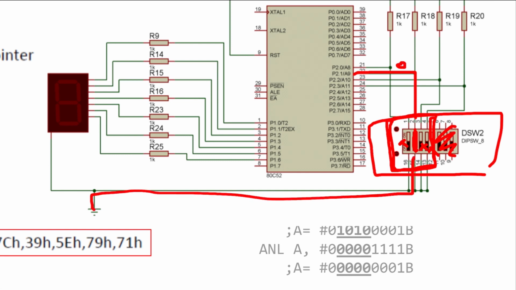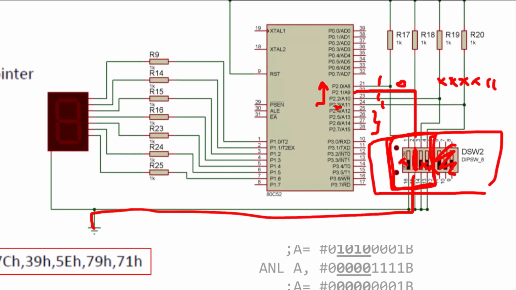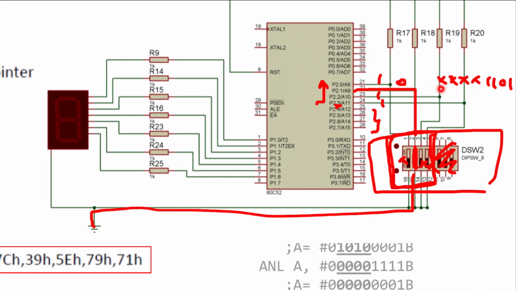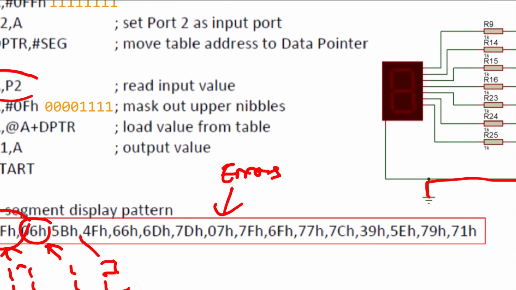And other pins will be 1, so 1, 0, 1, 1. So we should read it from the third bit, so the input is actually xxxx, because there are no connections over here, and then 1, 1, 0, 1. So this will be the input for port 2: xxxx, 1, 1, 0, 1.